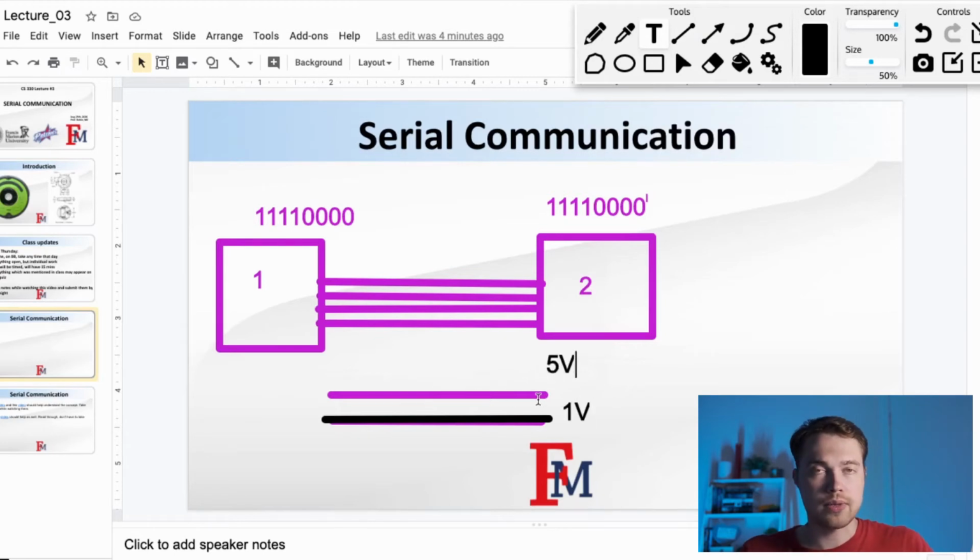So this wire gives you 5 volts, this wire gives you 1 volt. And in that case, you have to assume that whatever this gives you is 0. So if this guy is 0, the difference between these 2 is 4. That means this second wire gives you 4 volts, not 5, because the other one is assumed to be 0.